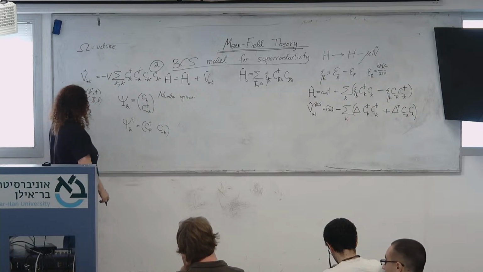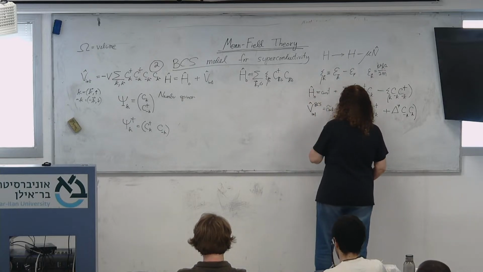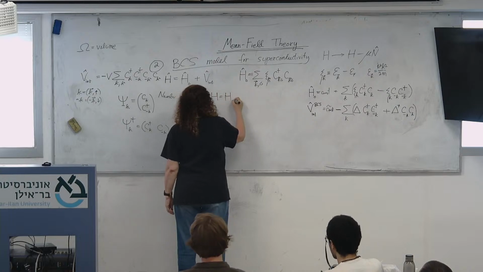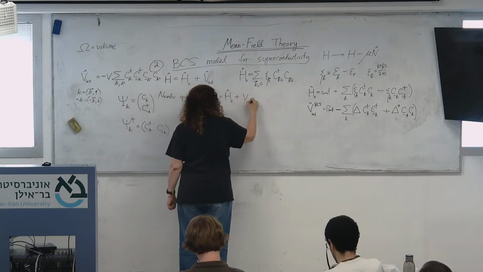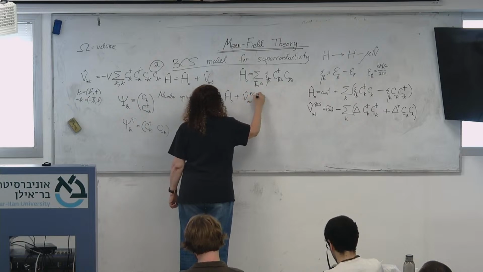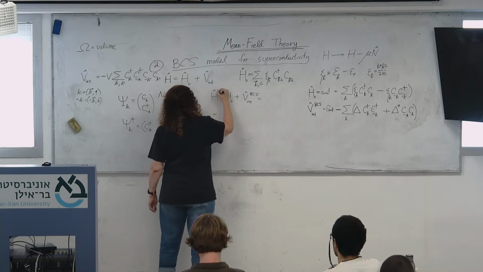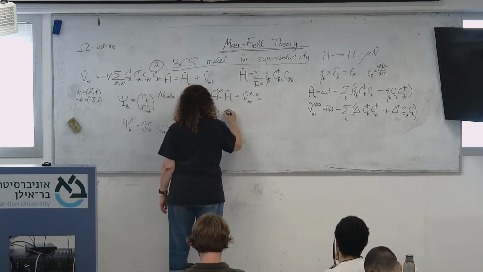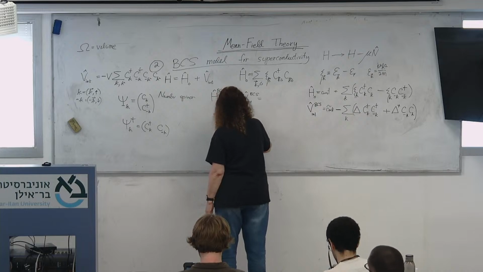And now I'm claiming that if you want to rewrite, you can rewrite the Hamiltonian, which up to a constant equals H naught plus V interaction BCS. You can write it in a compact way, and let's call this BCS Hamiltonian. You can write it in a matrix form, like this, where this is H_k.